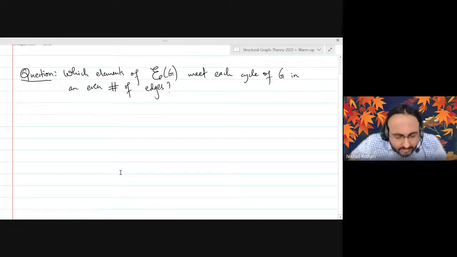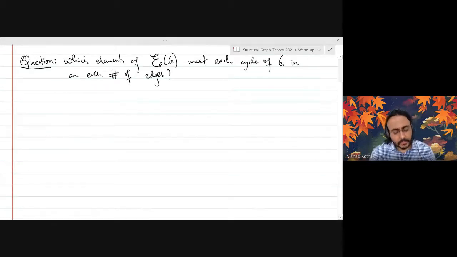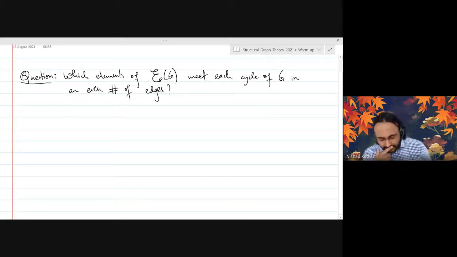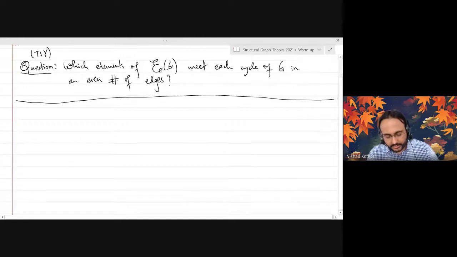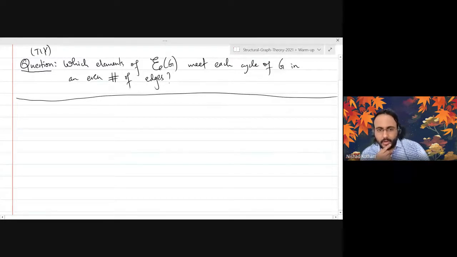So let's start with the question that we had ended with. Which elements of the edge space of a graph meet each cycle of the graph in an even number of edges? That was one of the try-it-yourself exercises, and we noted that this question is relevant to understanding what could be the orthogonal complement of the cycle space of a graph.